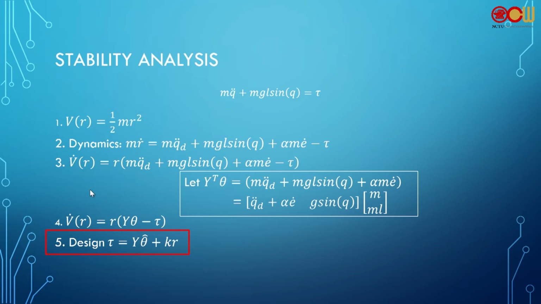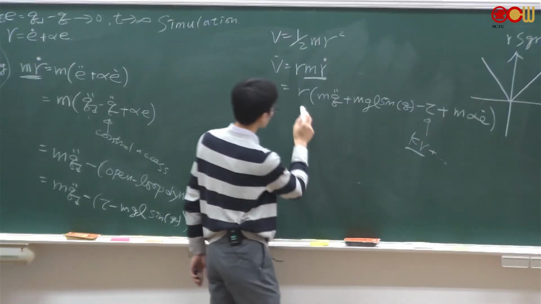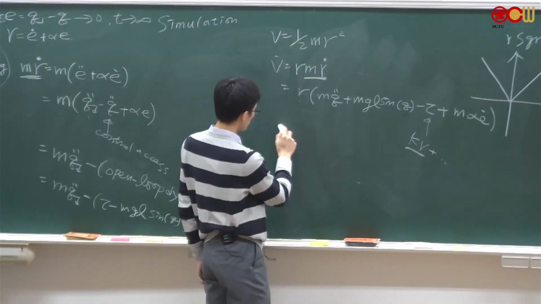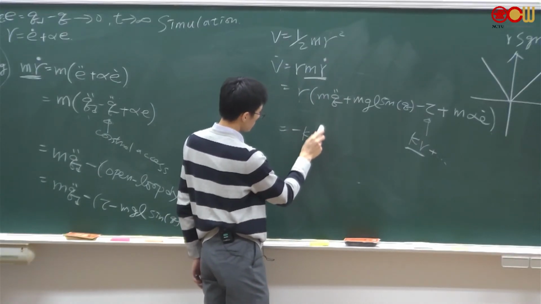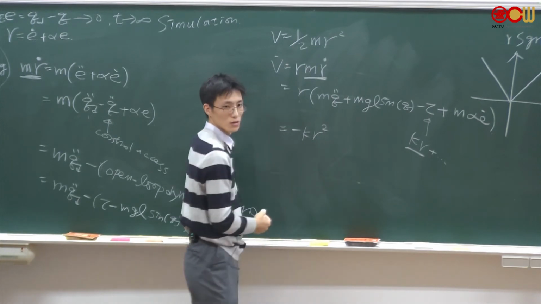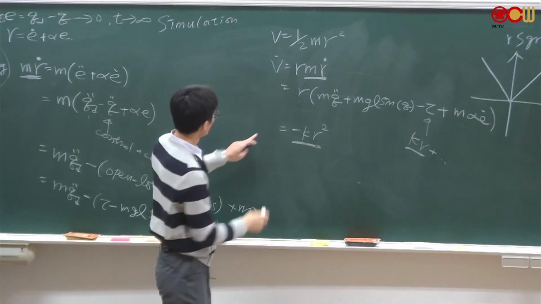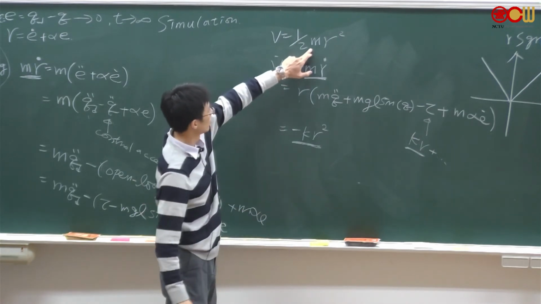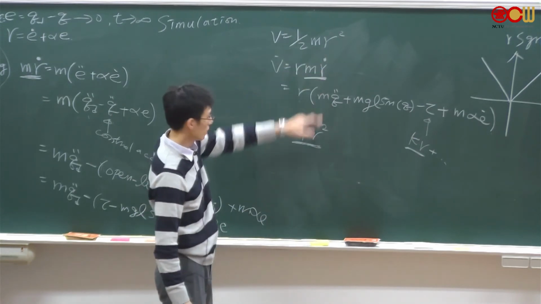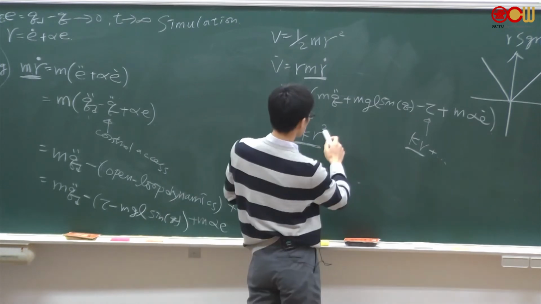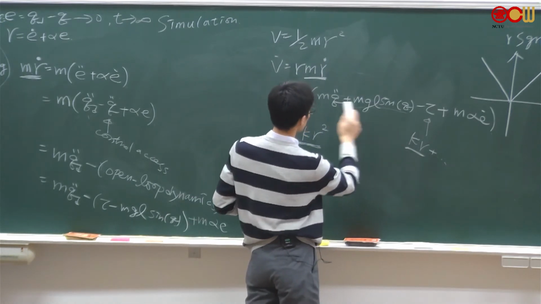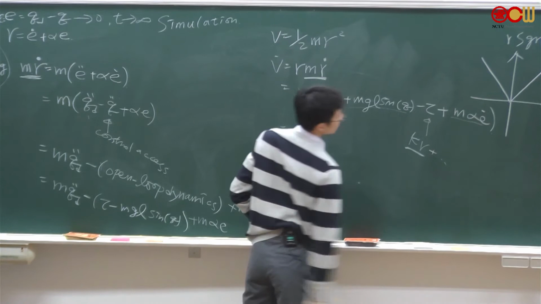So this kr term times the r term here can create some good terms, which is minus kr squared, right? And that's essential to make v dot negative definite because v is a function of r. Okay, but you have other terms to cancel out, right? You have this, and this, right?